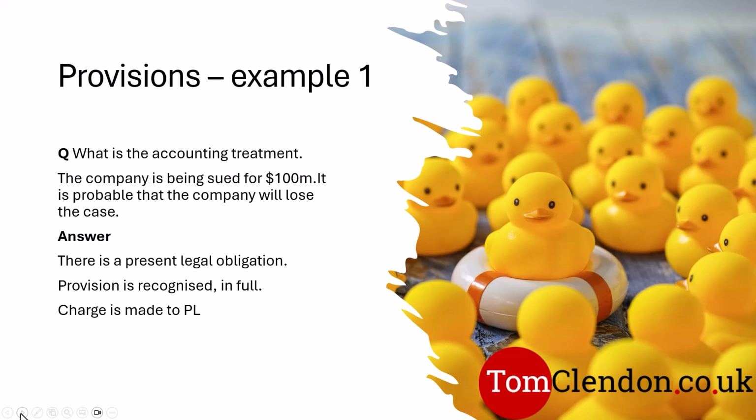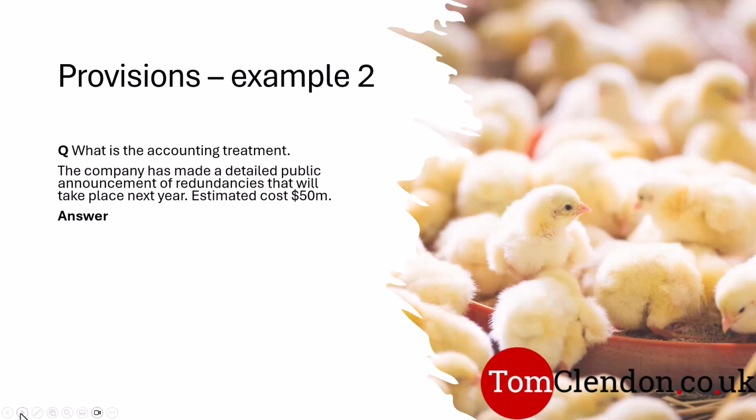And we'll charge it to the P&L. Even though we won't pay it until the future, we will charge it in this year's profit and loss, and we will recognise a liability. And if you like your debits and credits, you're debiting the P&L and you're crediting the provision. That's the double entry.